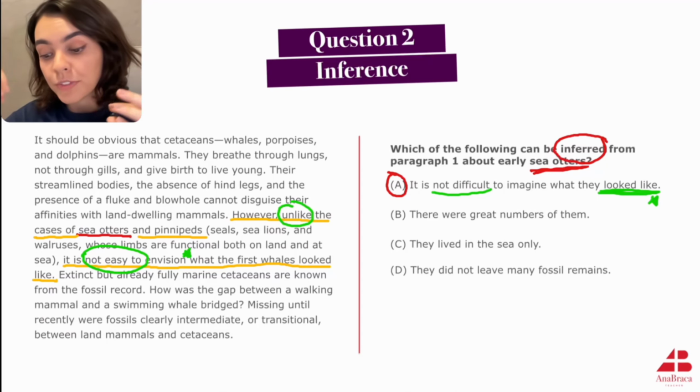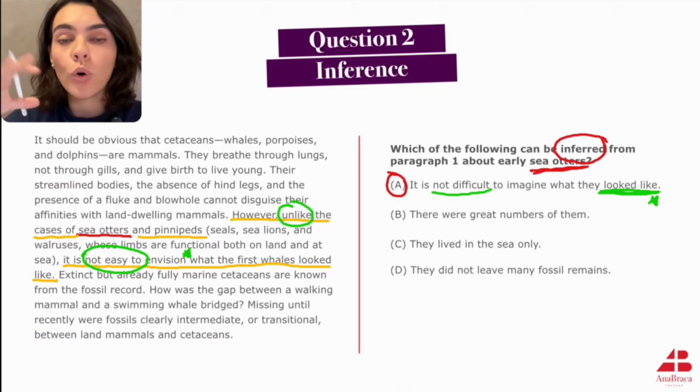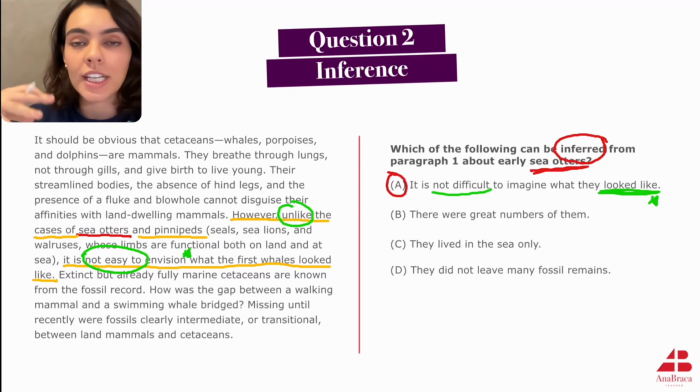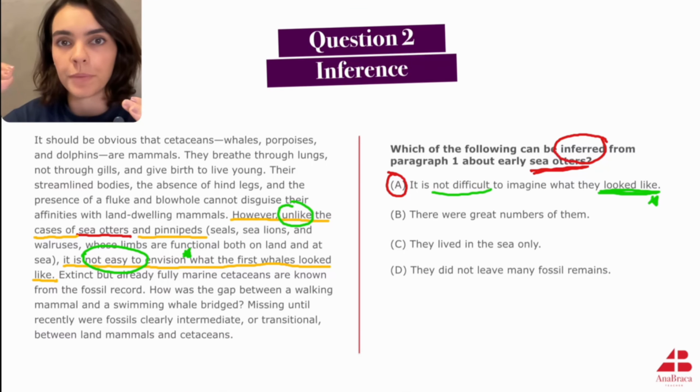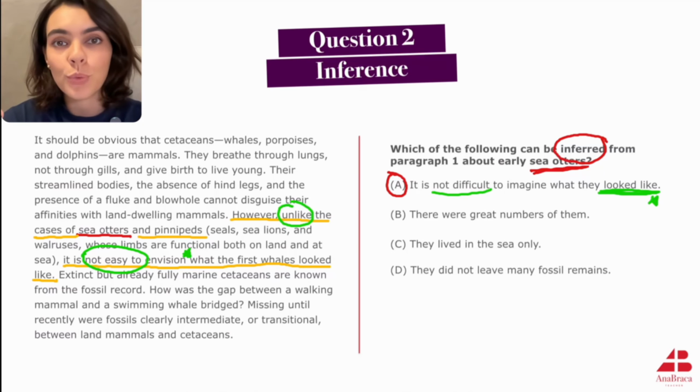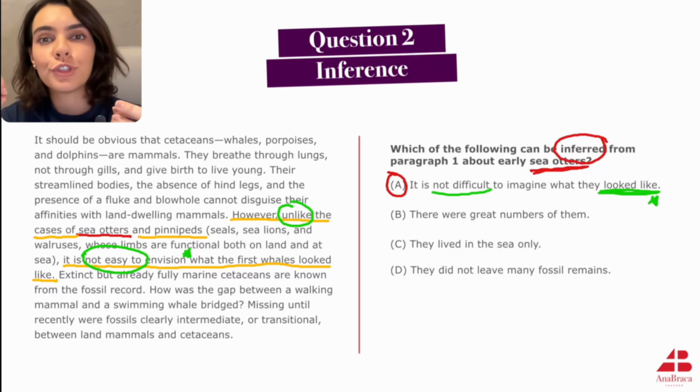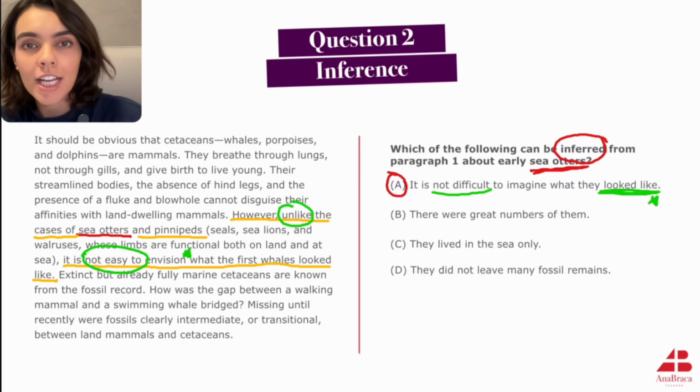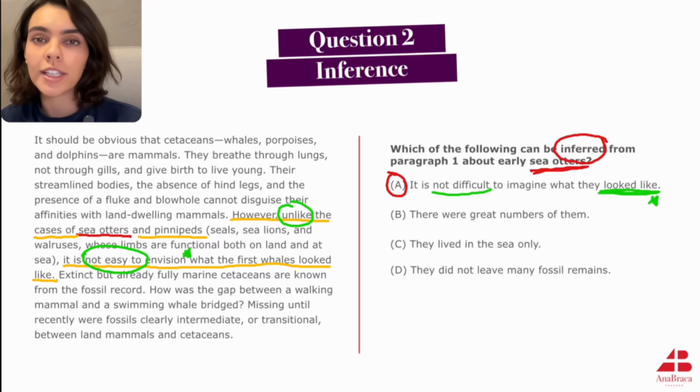The difficulty of these inference questions are all those negatives, double negatives that make it a little bit confusing. So you have to break the sentence and completely understand the sentence. In the inference question, it's not that easy to understand. You have to understand the meaning, and then you have to find an option that brings the same meaning in relation to that specific information, in this case, the case of sea otters.